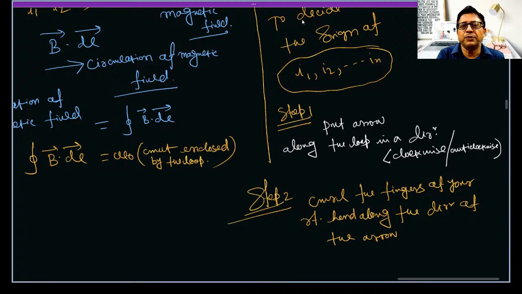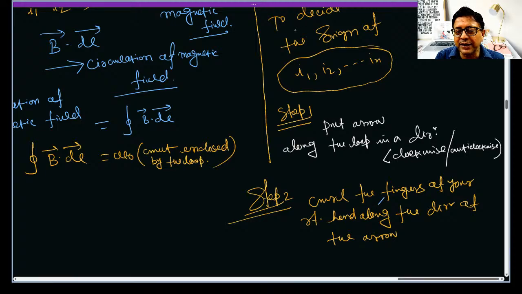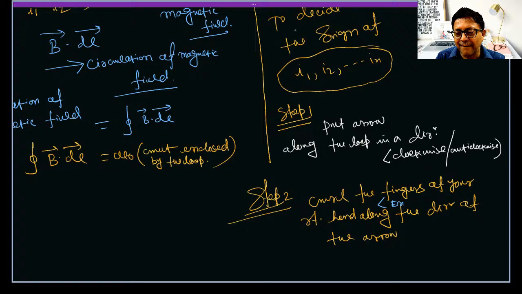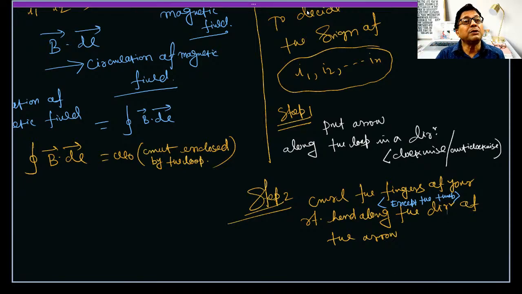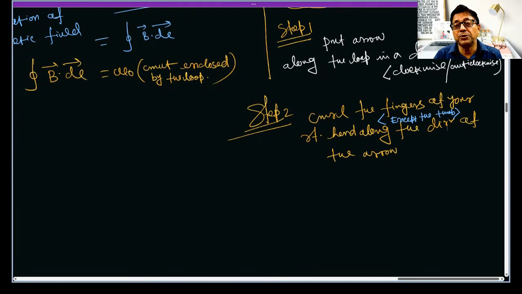Curl the fingers of your right hand, except the thumb, in the direction of the arrow. Other fingers in the direction of the arrow. Now decide which one is positive, which one is negative. These two steps you have done.